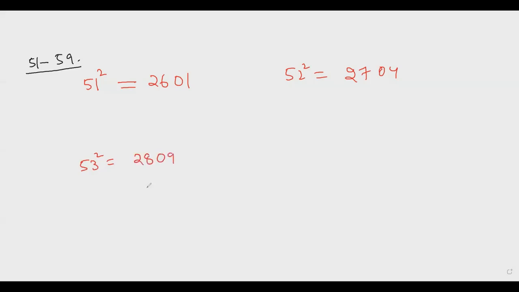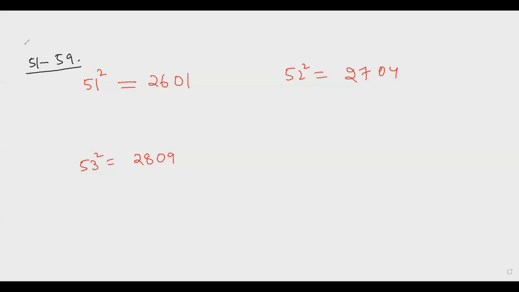Now, can you find the pattern here? Can you see the pattern? That's 5 square. The first part is base 50 plus the number, and the last part is the square of the difference.